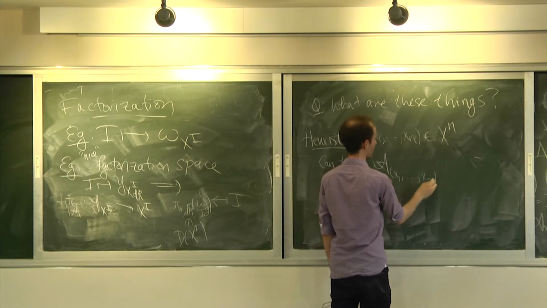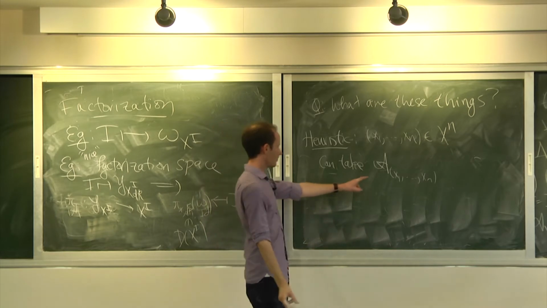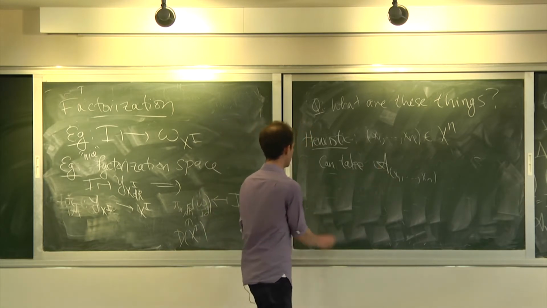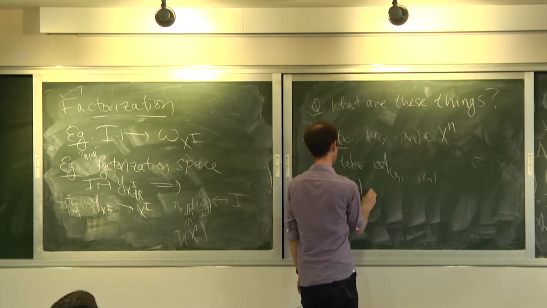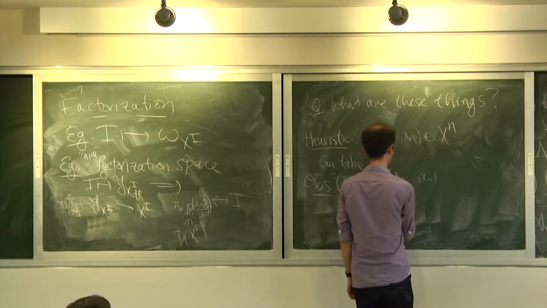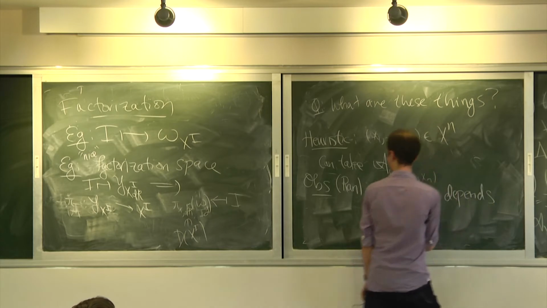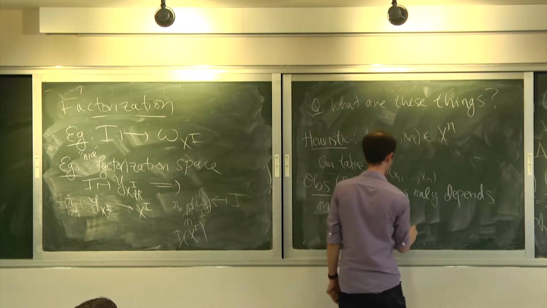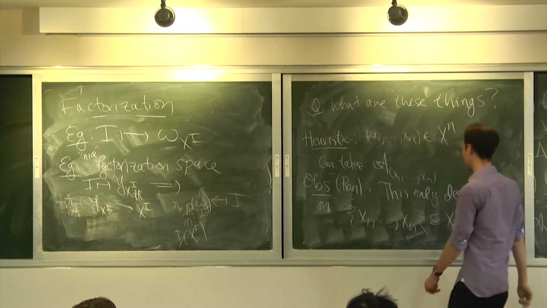Namely, take my D module on x to the n and just take the fiber at the corresponding point. The first observation, which is the Ran observation, is that this only depends on the corresponding subset x1 up to xn inside of x.